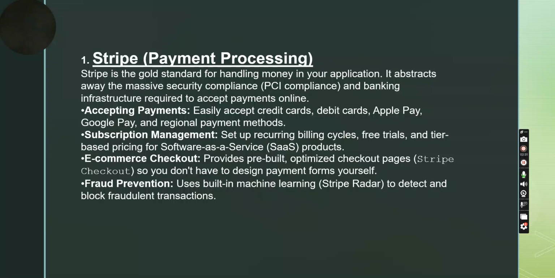Apart from the four technologies, we also used Stripe, Cloudinary, Mailtrap, and Grok. Stripe is basically a payment processing platform that allows businesses to securely accept online and in-person payments.